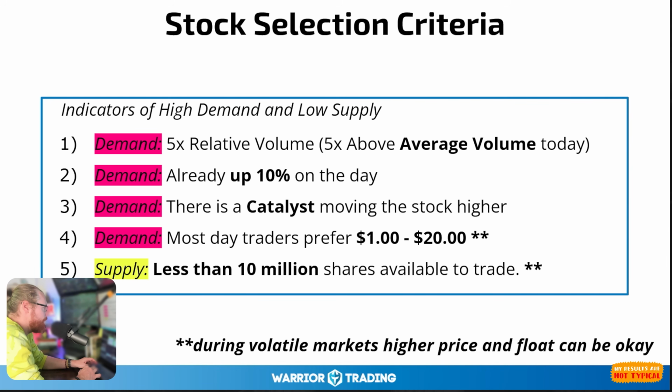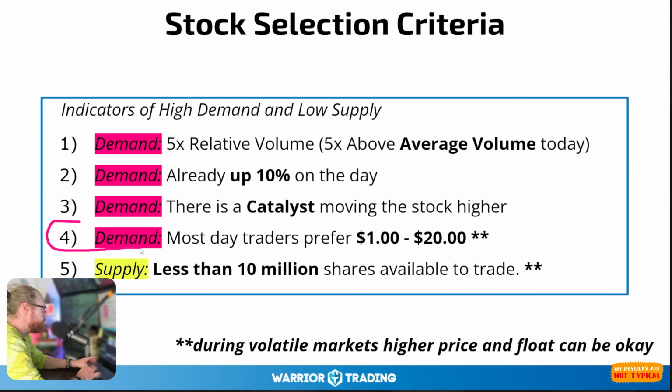I think this is a challenge for a lot of beginner traders, because it's like, what is the catalyst? A lot of people think that the catalyst should be a fundamental piece of news, but it's not impossible that the catalyst can be something a little less tangible, such as the stock is up 400% in the last 30 days, and some shorts are starting to get squeezed out, and the price keeps going higher. That can be a catalyst.